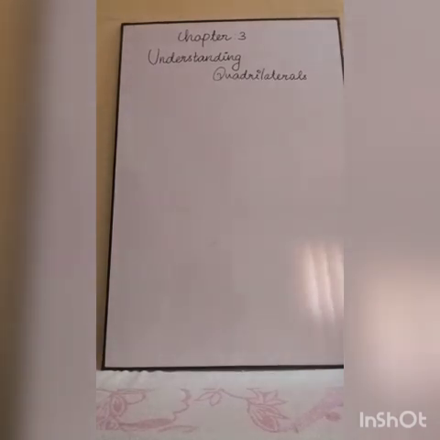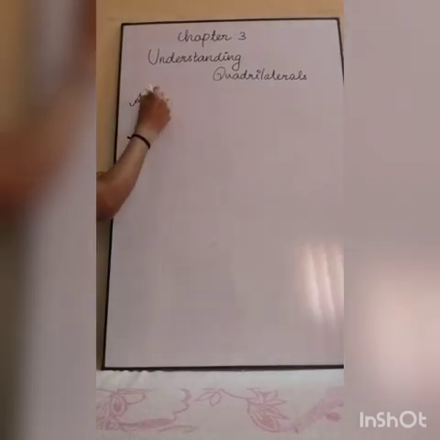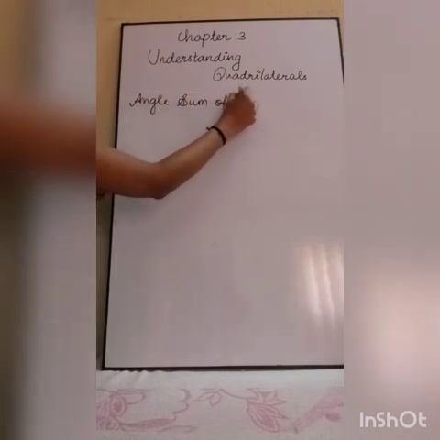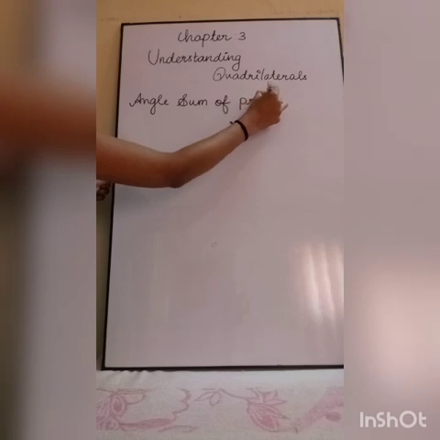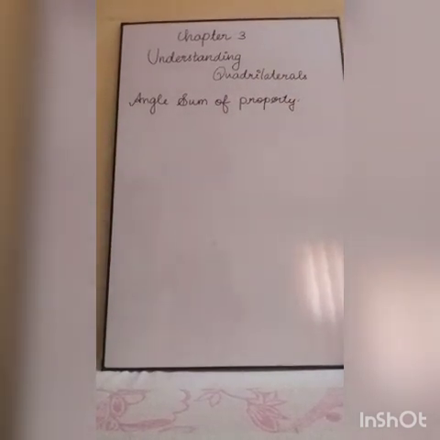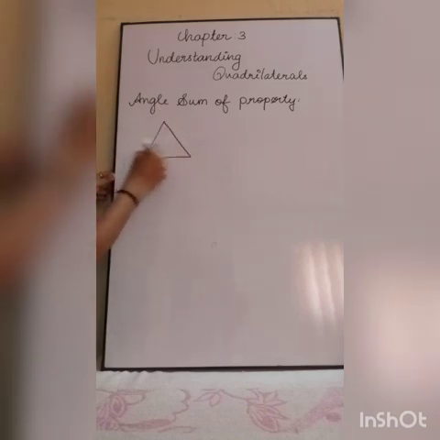Next is your angle sum property. So what is the angle sum property? When you add all the angles of a triangle, it should be 180 degrees. Yes, do you remember this?